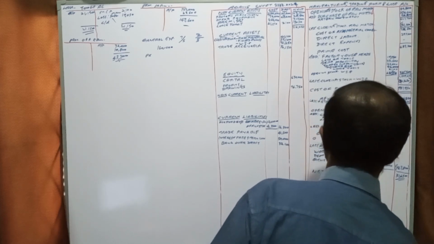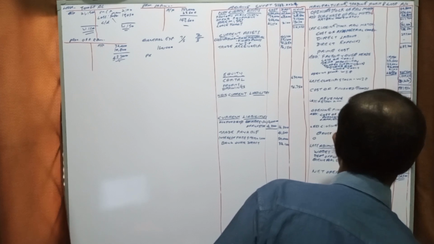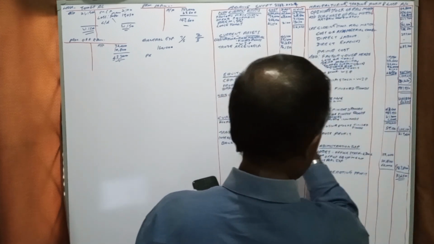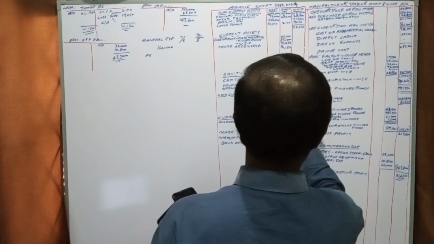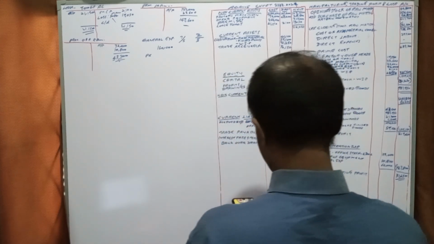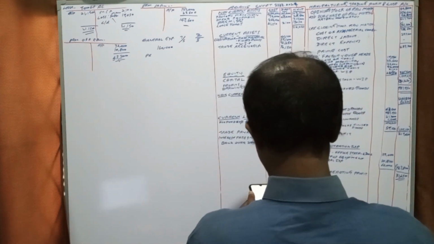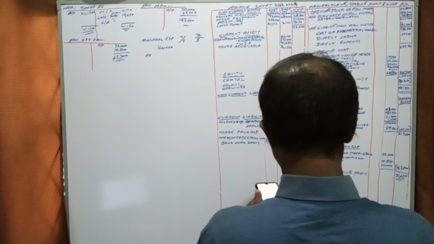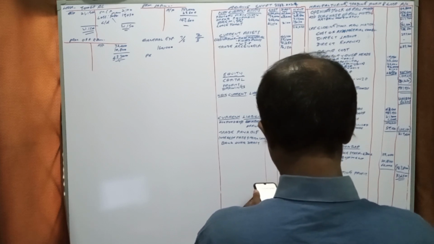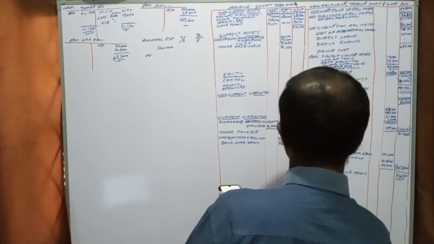Net operating profit 31,650, right? Here 16,300 plus 41,500 plus 50,000 plus 32,100 also comes to 139,900.